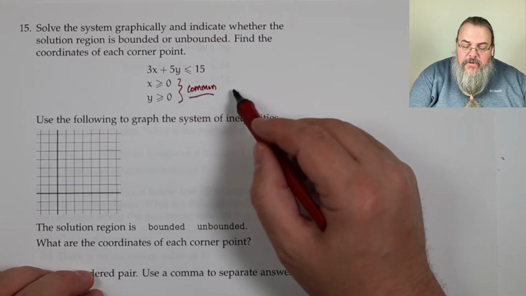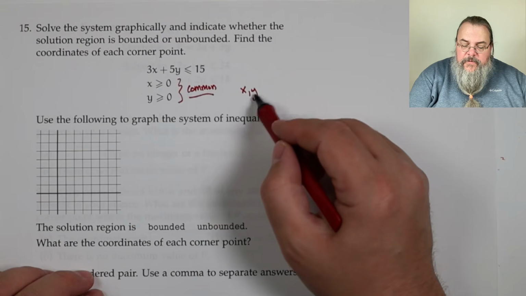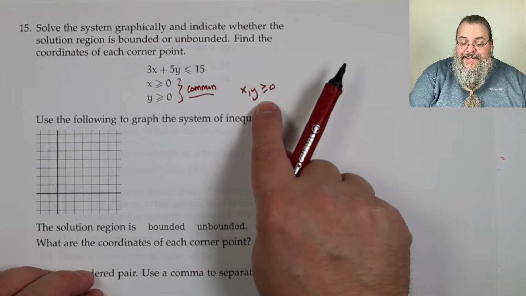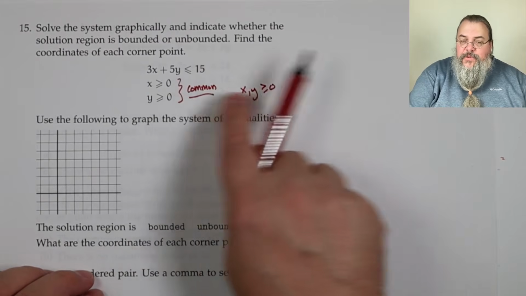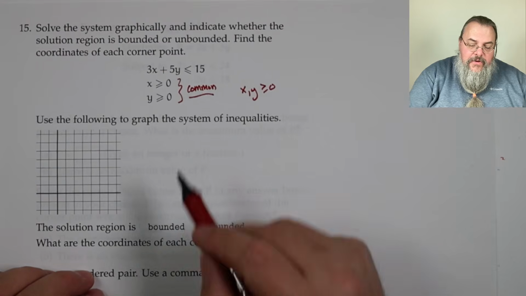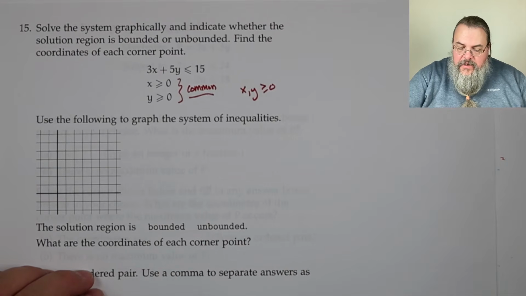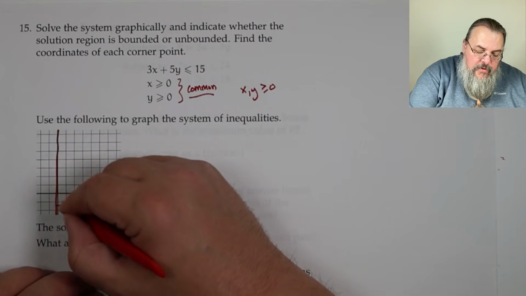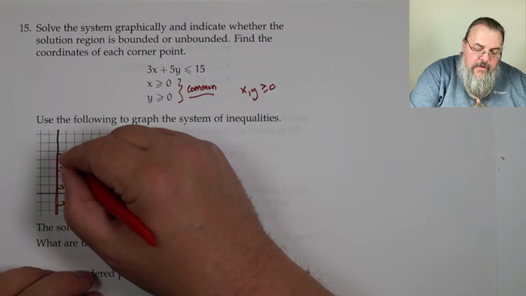And sometimes, I will note, they just write it in the form x, y greater than or equal to 0. These mean the same thing. So this is just their way of saying both these things are true. So let's start by saying, hey, x is greater than or equal to 0. Well, that says we want to have non-negative x values.